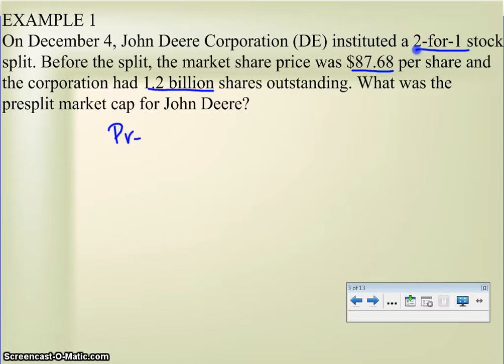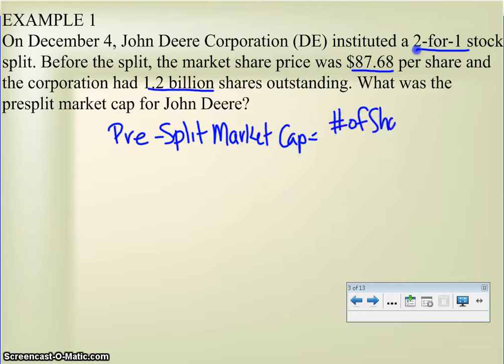So the first thing we're going to go through is the pre-split market cap or value equals the number of shares outstanding, so in this case the 1.2 billion, times the market price. So looking at it here, we've got 1.2 billion.